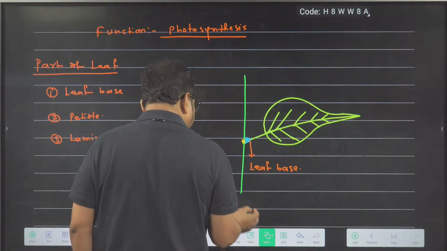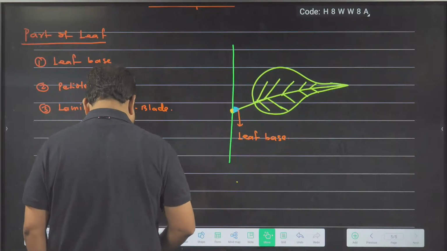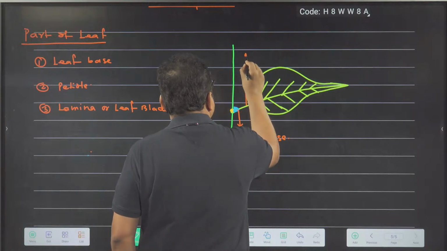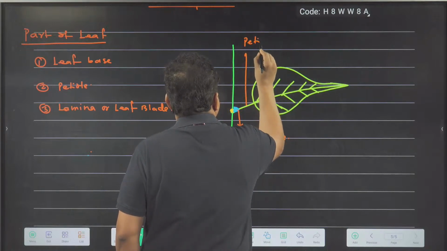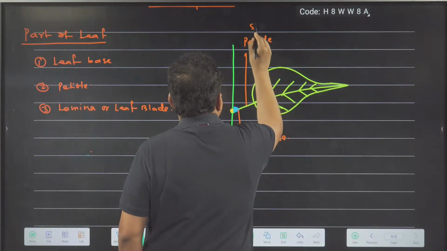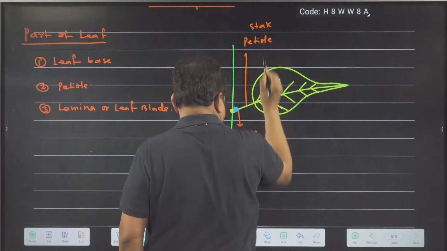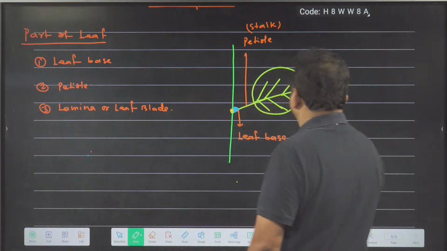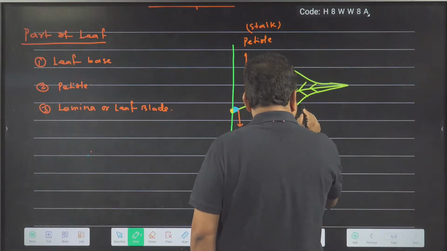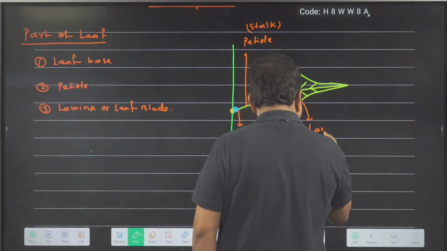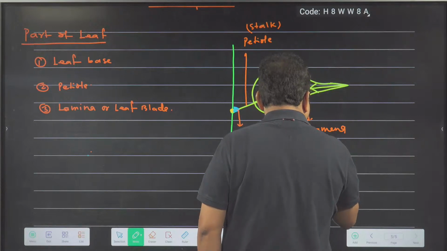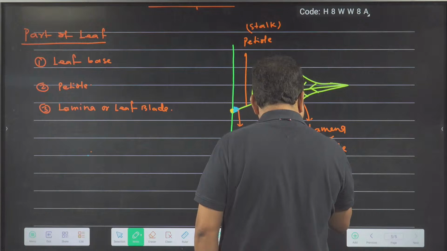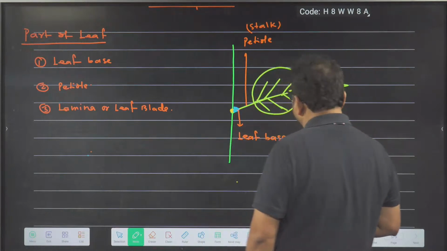Is it clear? Right? Now the second part is the petiole. It is the stalk of the leaf. And the third part is the lamina of the leaf, or we call it the leaf blade. The blade of the leaf is the flattened part of the leaf.